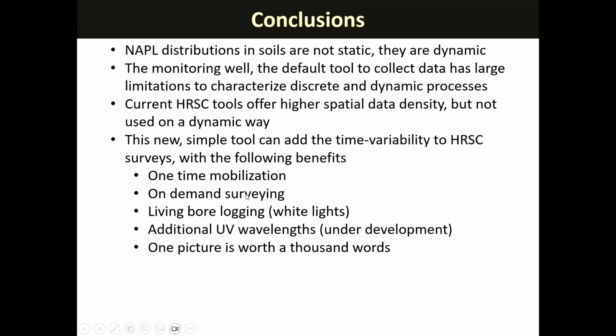We are developing multiple UV wavelengths. And really the last thing is that one picture is worth 1,000 words. There's something special about these pictures and how they allow us to understand processes at the pore level in a way that I don't think I have seen from any other tool.